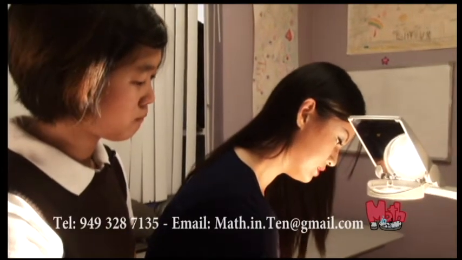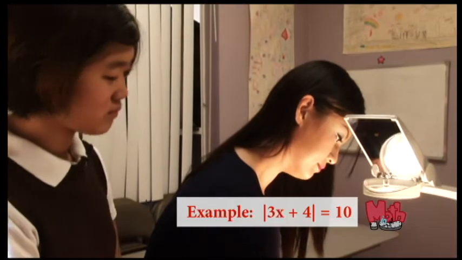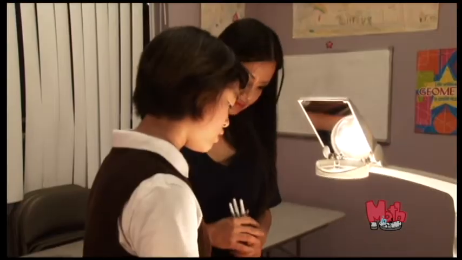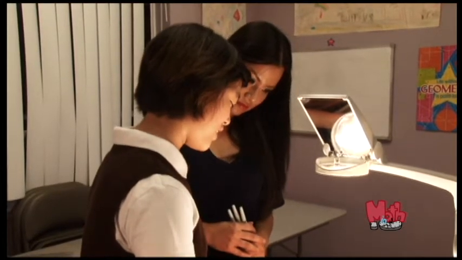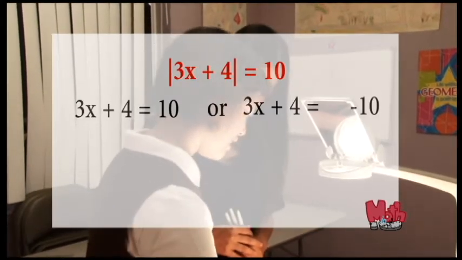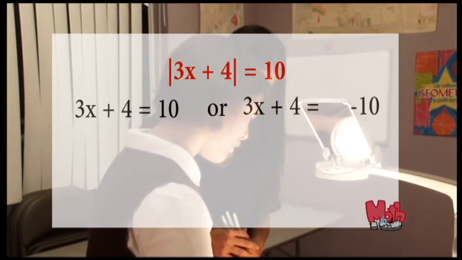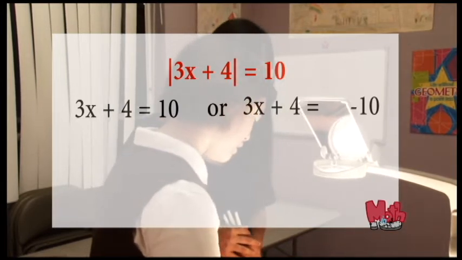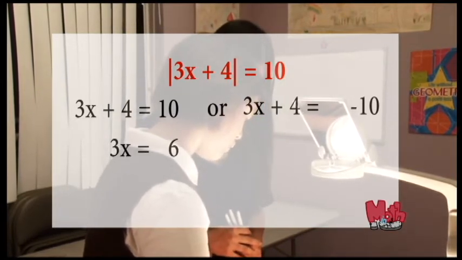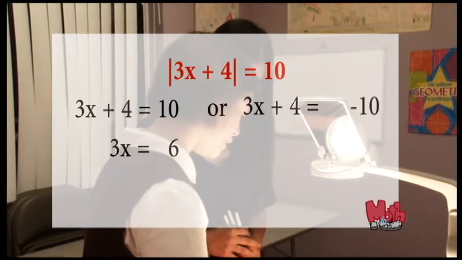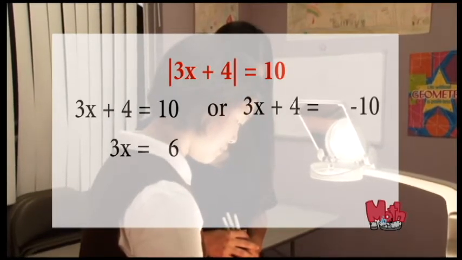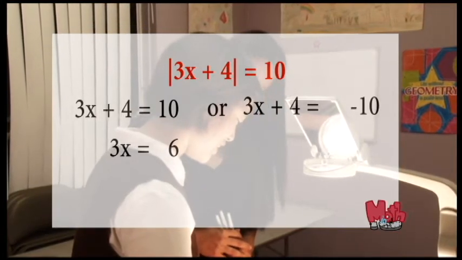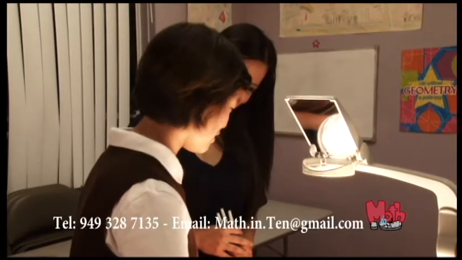Absolute value of 3x plus 4 equal to 10. Voila. Alrighty. 3x plus 4 equals 10, and then split that up. 3x plus 4 equals negative 10. First equation, minus 4 from both sides. 3x equals 6. Divide both sides by 3. Wait, did I do that wrong? Nothing.